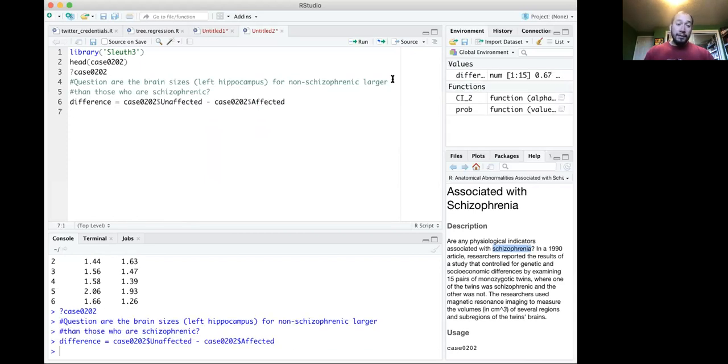Now let me ask you, why is this difference useful? Well, it'll answer this question. If the brain sizes for non-schizophrenic are larger, larger in general, not for every specific individual, then I expect this difference to be greater than 0.